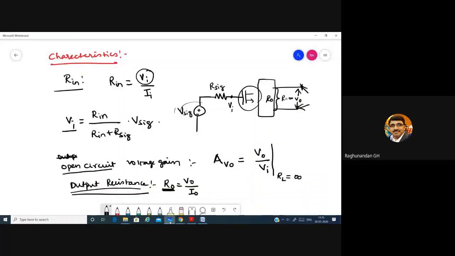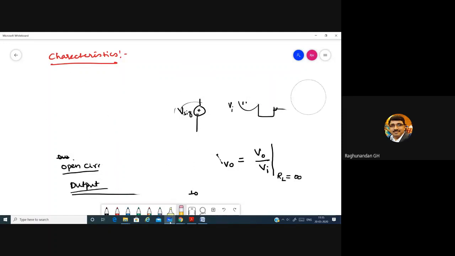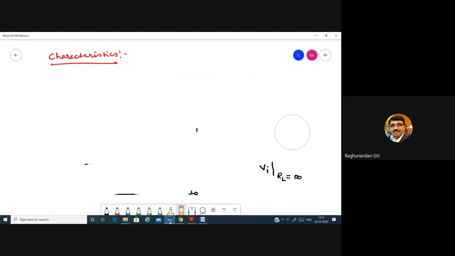So if you are going to consider the load, then when you consider the load, the load RL and R naught appear to be parallel.